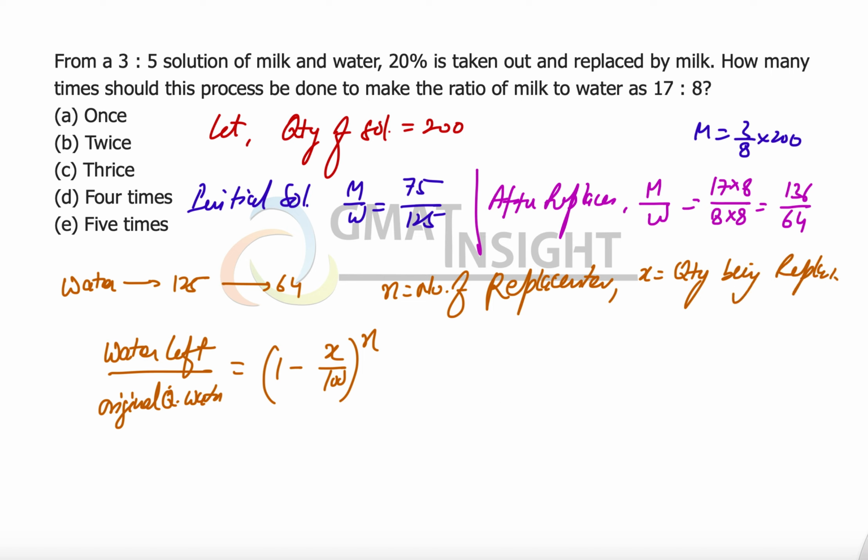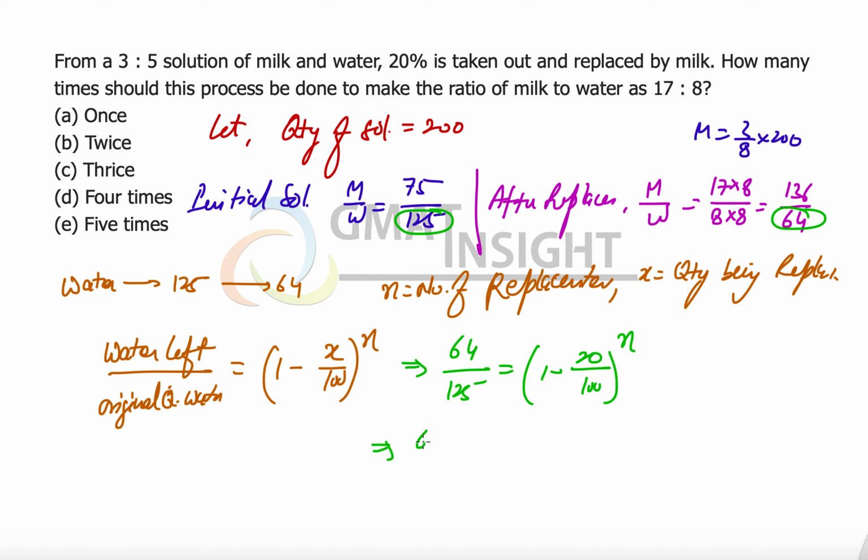So we are going to simply plug in these values. So here the water left finally is equal to 64. Water initially that we had was 125, and that's going to be equal, and here x is 20%, so 20 over 100 raised to the power n.